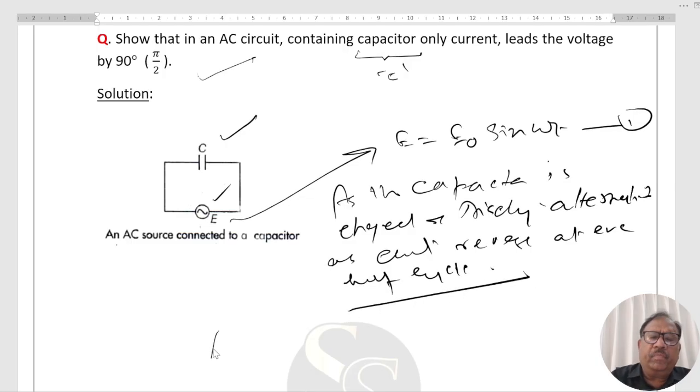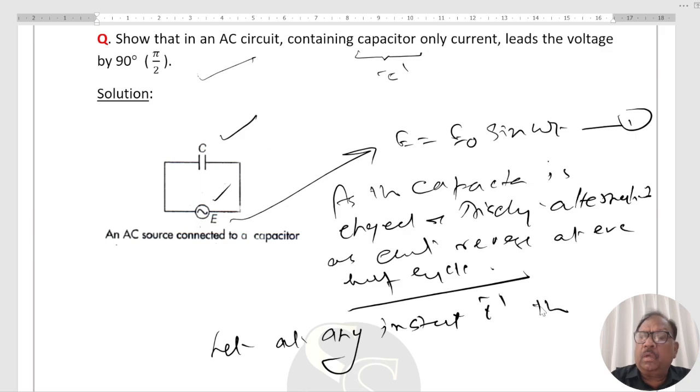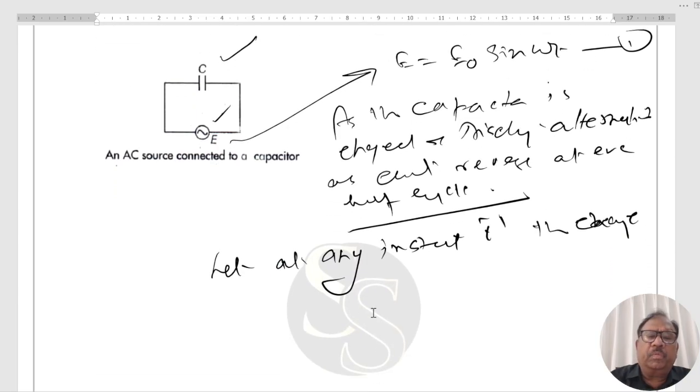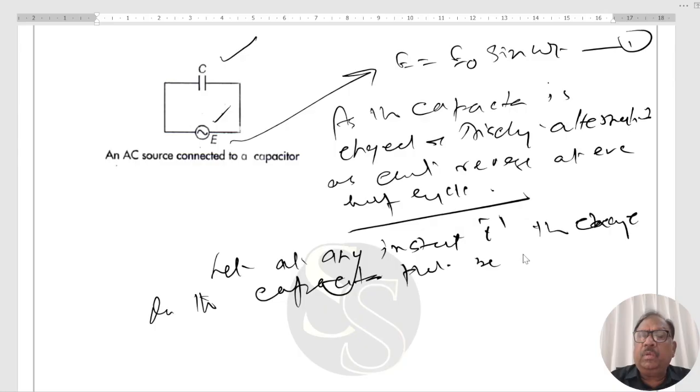Therefore, let at any instant t, the charge on the capacitor plate B be Q.